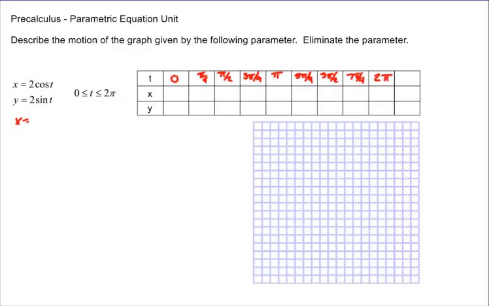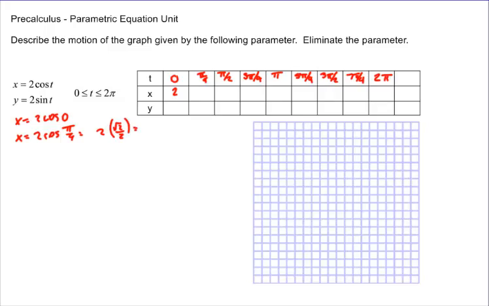So x equals 2 cosine 0. Well, the cosine of 0 is 1. 2 times 1 is 2. Now the pi over 4 part is a little bit tricky because it's not necessarily one that we know. This is going to be 2 times the square root of 2 over 2.